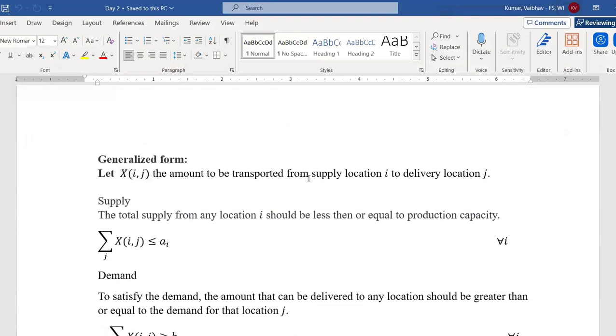It is the amount to be transported from supply locations i to delivery locations j, which was continuous because it can take any fractional value or a discrete value. So it was continuous in nature.